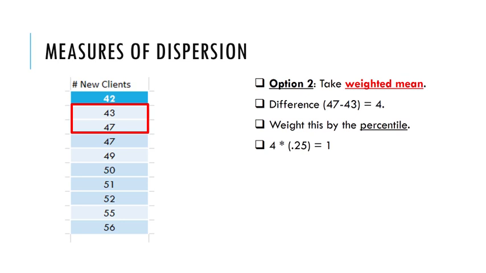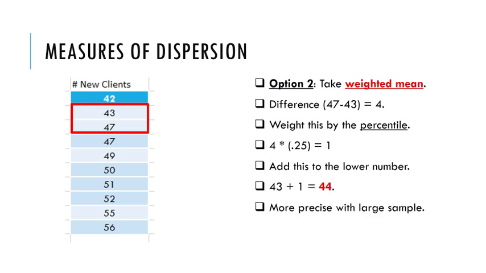So I'm going to take the difference of 4 multiplied by 0.25. That equals 1, right? And now I'm just going to add that to the lower number. 43 is my lower number. Add the 1 gives me 44. So it turns out that our 25th percentile, when we use this weighted mean measure, gives us 44.